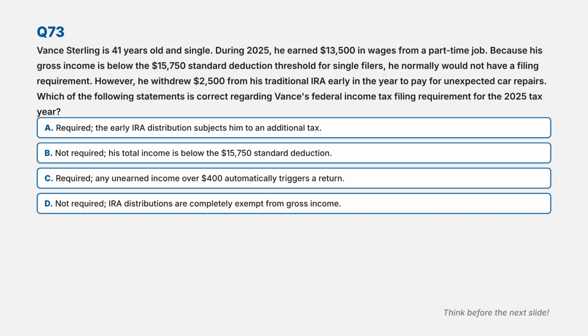B. Not required. His total income is below the $15,750 standard deduction. C. Required. Any unearned income over $400 automatically triggers a return. D. Not required. IRA distributions are completely exempt from gross income.